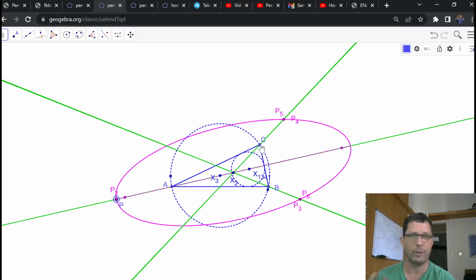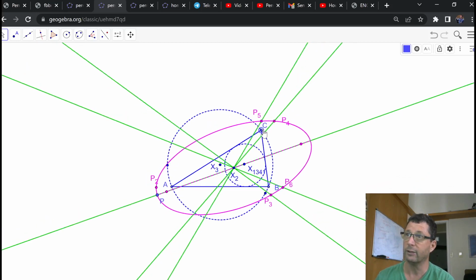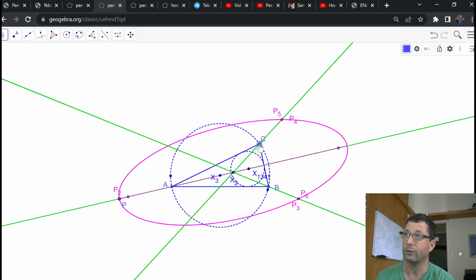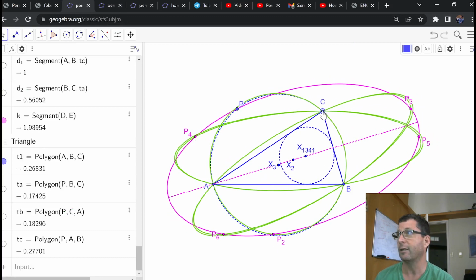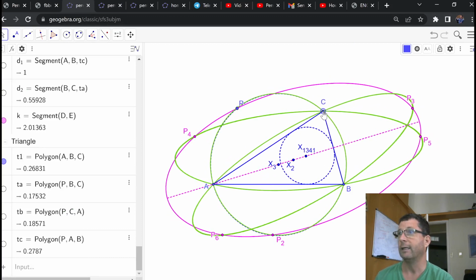But you know, the same question I had before was what's the locus of C such that X3 lies on the line X2 to X1341 when you get this doubling up phenomenon? Is there anything interesting here? And the second case, more complicated case with the 5 ellipses, one question we can ask here is when there's doubling up, are there any interesting properties? Looks like there's going to be some symmetry, right?